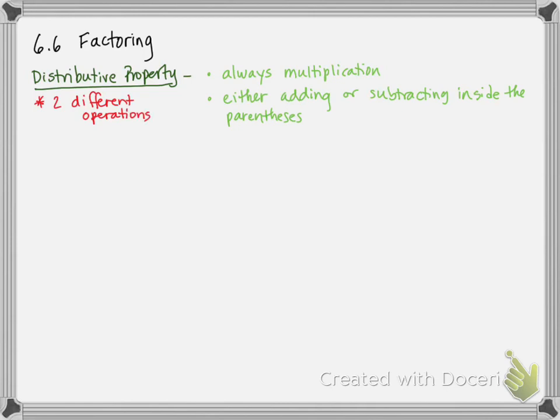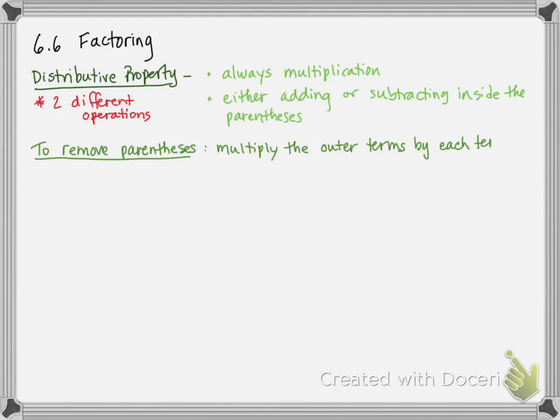Okay, now, the main thing that the distributive property does is it removes parentheses. So to remove parentheses, you're going to multiply the outer term by each term in the parentheses.